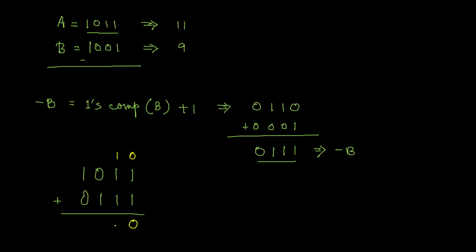Then all 1s, that means 1 and carry 1. On the two sides I have 1, that means 0, carry 1. And again we have 1 and 1, that means 0 and carry is 1. Now always remember, if you have a carry that is generated, we discard it.